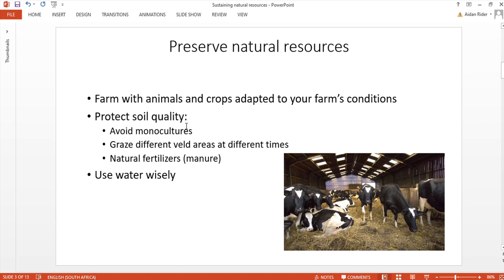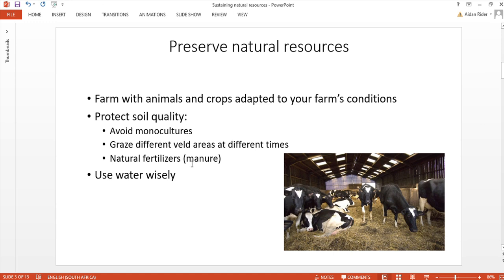If we just plant maize, it'll use up all, let's say, manganese, and it won't be replenished. But if we use different types of crops, some of the minerals won't be used up and some of them will be replenished by different crops.